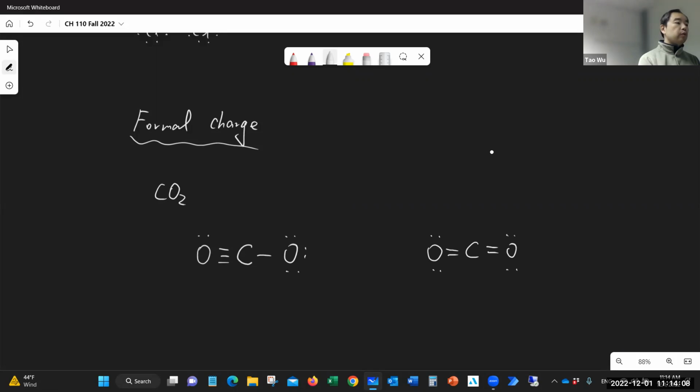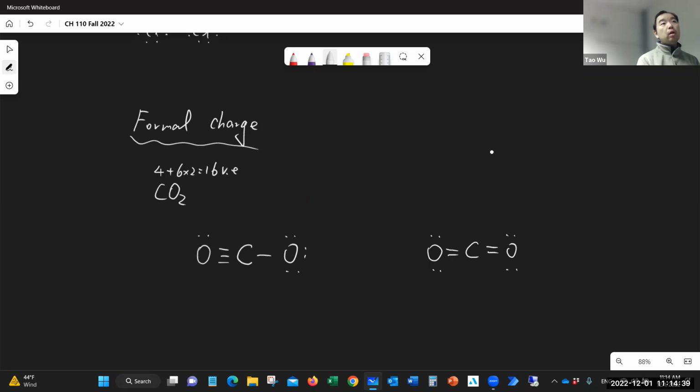If you look at the Lewis structure for both, the carbon has 4 valence electrons and oxygen 6 times 2, so we have 16 valence electrons in total. Each of them has 16 dots, including the dots in the bonds, and each element follows the octet, no matter which one.